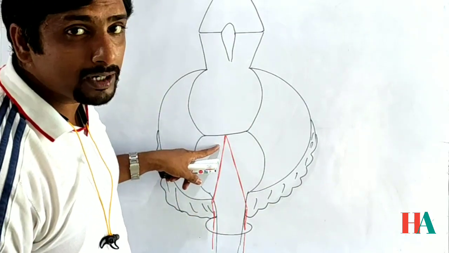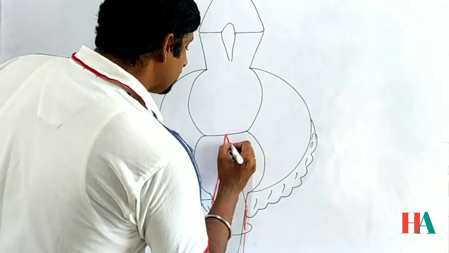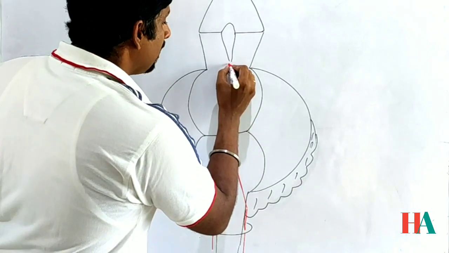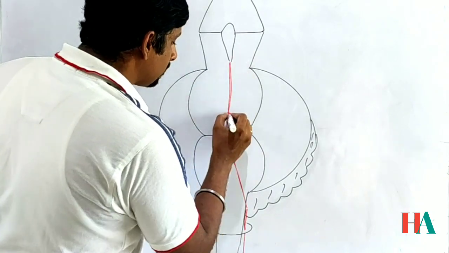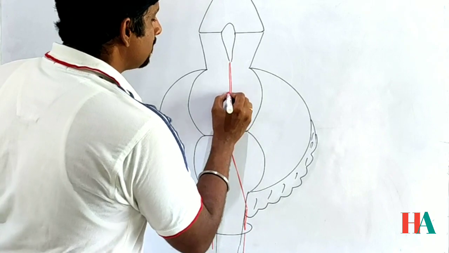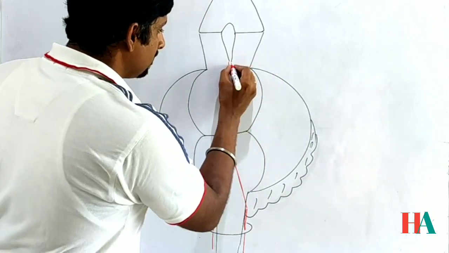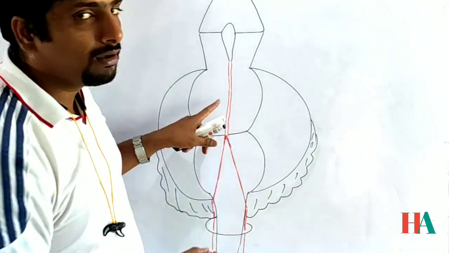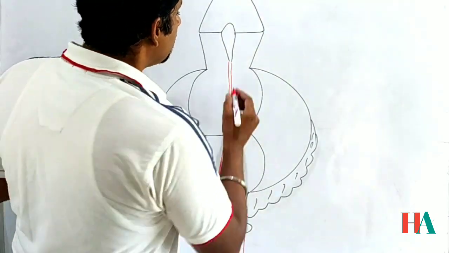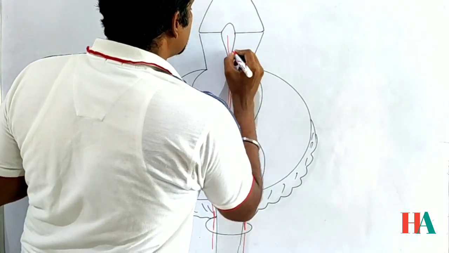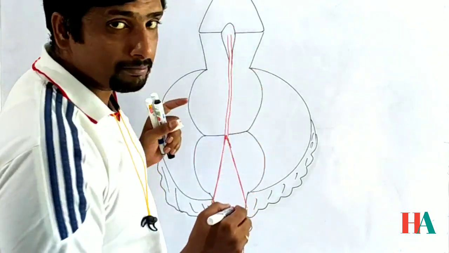Then at the pontomedullary junction, both vertebral arteries join and run in the basilar groove of the pons as the basilar artery. As we already know, there is a basilar groove on the anterior surface of the pons, and again it runs further upwards to the midbrain.